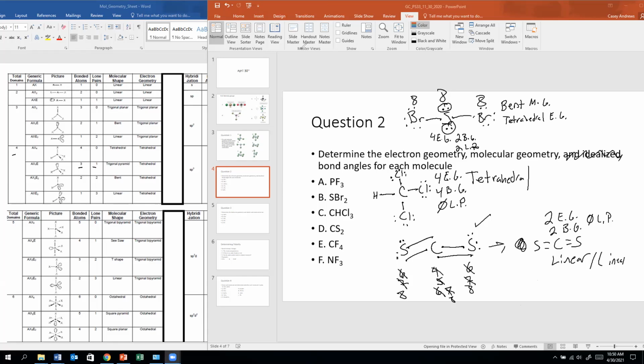All right, so I'm going to skip E because we have time for exactly 1 more. So let me do F because F's more complicated than E. So F, we have nitrogen, 5 valence electrons, not 5 lone pairs. Fluorine, 7, and we have 3 fluorines.